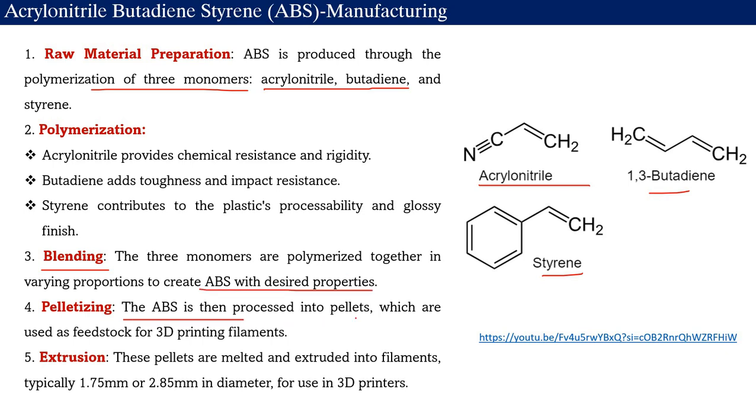Then the ABS is processed into pellets, and then using the 3D printing filament manufacturing machines, the ABS filament is formed. So this is again formed similar to PLA using the polymerization method, but here we are using the three monomers: acrylonitrile, butadiene, and styrene.